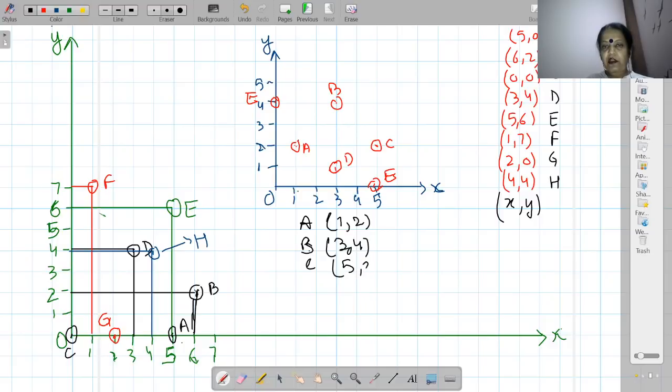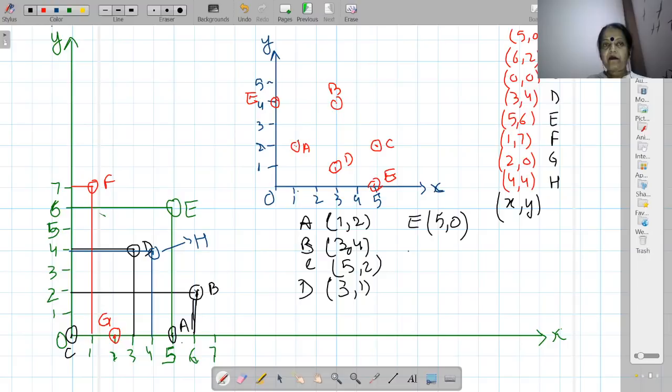X value first and the y value later on. For D, 3 and 1. For E, can you tell me what the coordinate should be? This point E lies on the x-axis. As I have told you, on the x-axis the y value will be 0. So the coordinate of E will be 5 and 0.